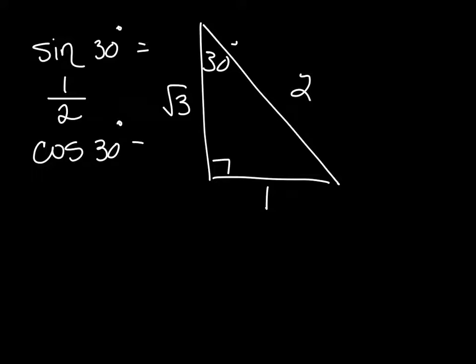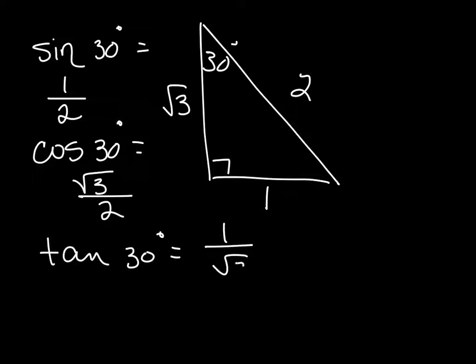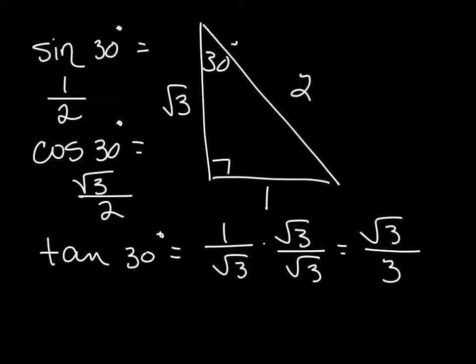Cosine of 30 is side adjacent over hypotenuse. And tangent of 30 is opposite over adjacent, and if I rationalize, I get square root of 3 over 3. So that's where your 3 basic trig functions come from. And remember, to get the other 3, you would take the reciprocals of those.